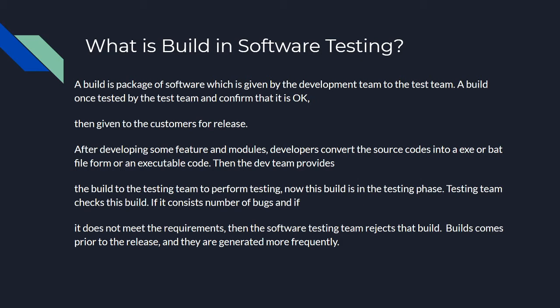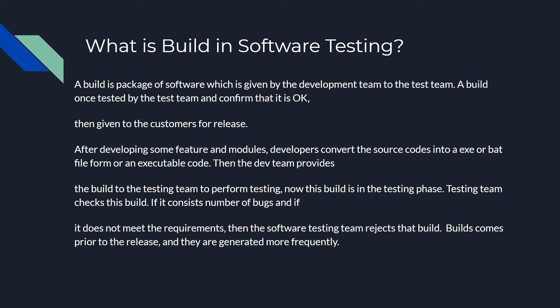After developing some features and modules, developers convert the source code into an exe or a batch file form, or we can say they convert those codes into executable code. Then the development team provides the build to the testing team to perform testing on that particular build and ensure whether the build is working fine, is bug free, and all the features in the build are as per the requirements.